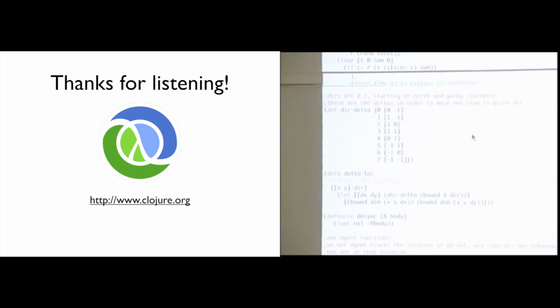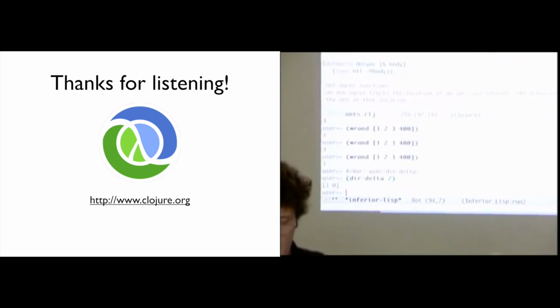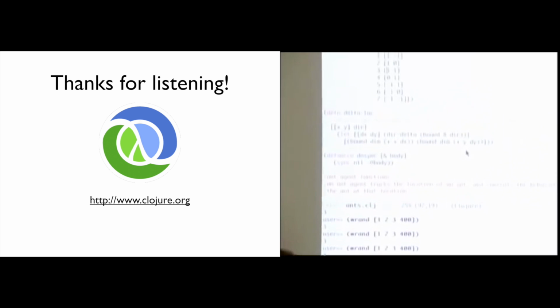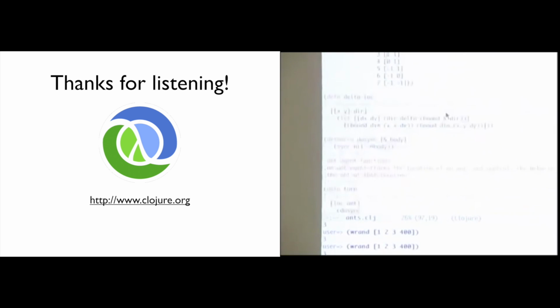Maps are functions of their keys. Direction delta doesn't need to be anything more than a map. You're going to pass it a number, you're going to get back one of these things. And it's going to work just like a function. Let's try it. Yay. That looks a lot like a function call. But that's a really cool thing to be able to do. You can write programs much more simply that way.